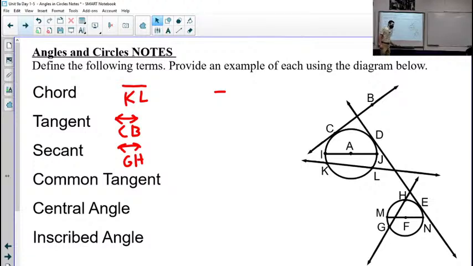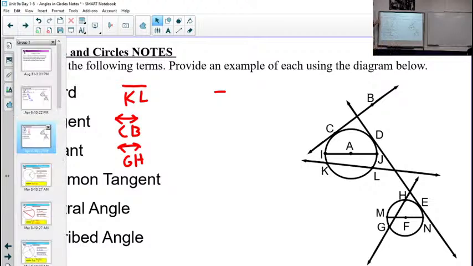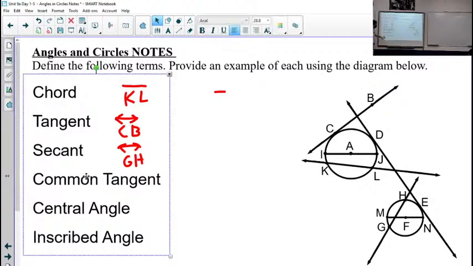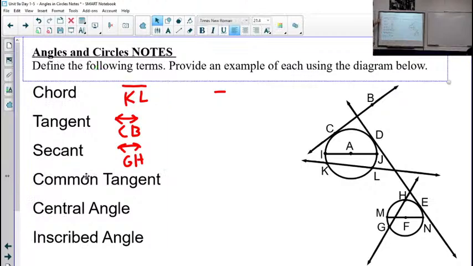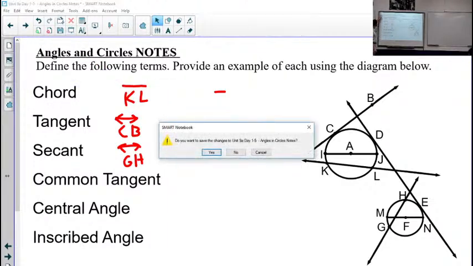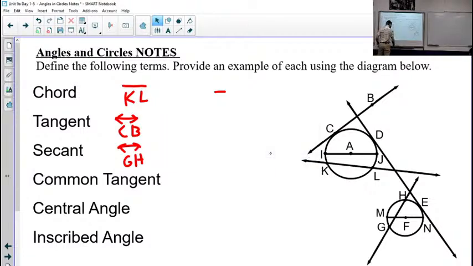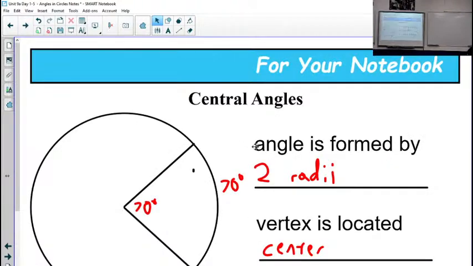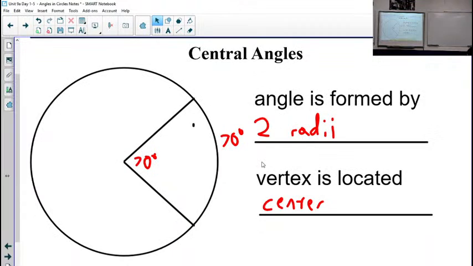All right, one more thing to write down before you go. On the next page, there should be a box on the top left on the second page. It says central angles.